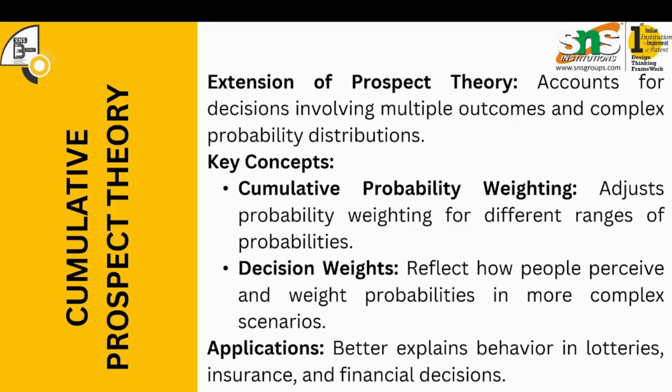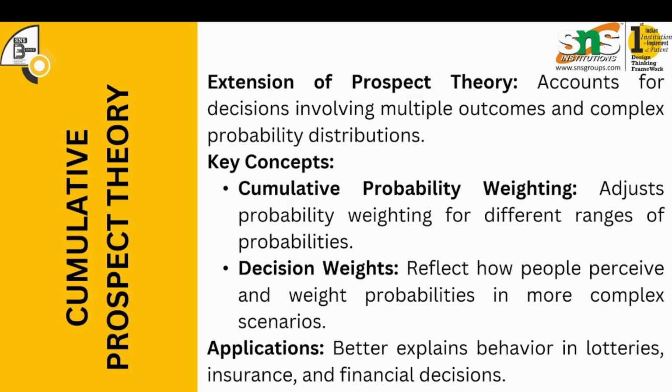This theory suggests that any decision that we take involves a lot of outcomes and several complex probability distributions. So, there's a lot more that is involved in decision making rather than just loss aversion. The key concepts in this theory are cumulative probability weighting.